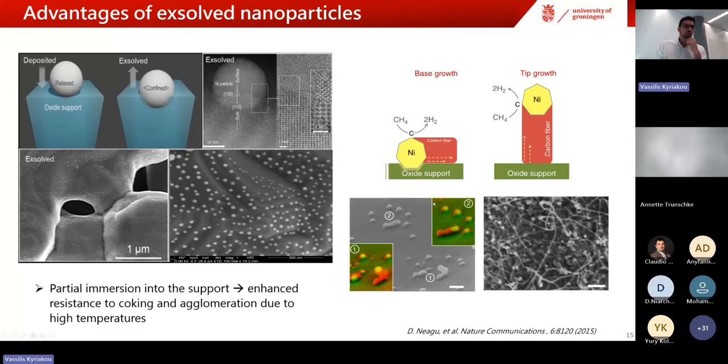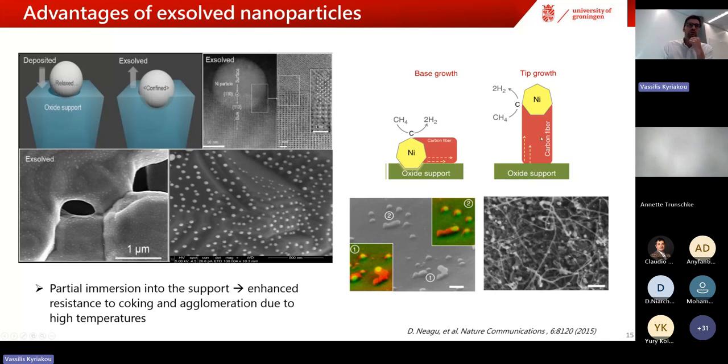And according to these images that came from a paper back in 2015 from Dragos Neagu and John Irvine's group, they compare the nickel exsolution with deposited nickel on alumina, and they expose it to methane. And you see how much carbon has been formed on the surface compared to the cleaner surface with the exsolved nickel.